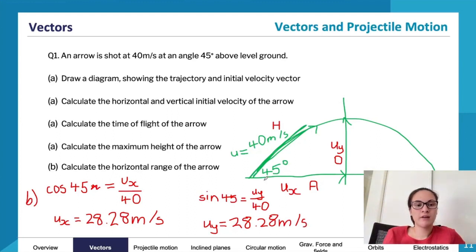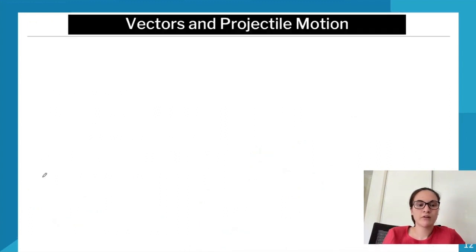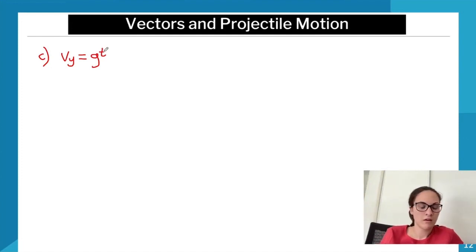Okay, now using that, we now need to calculate the time of flight of the arrow. So we're going to go over here, see the time of the flight of the arrow. So for this, we are going to need the formula Vy is equal to gt plus Uy.